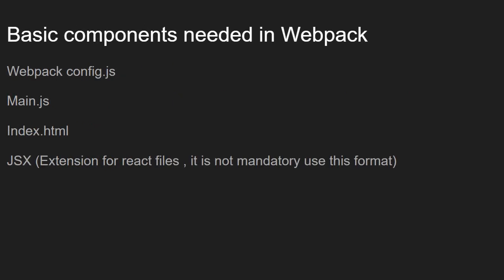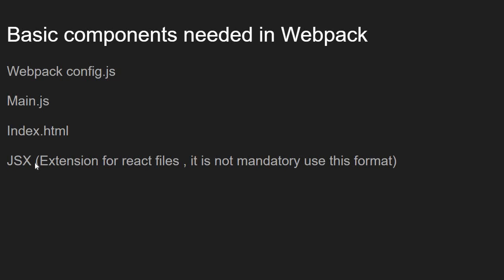When you are creating a Webpack React application, the main thing that should be present is webpack.config.js. It's like a main class in Java. This tells what JavaScript files it should enter as the first point of contact, and what HTML files need to be loaded, and what is to be loaded. This would be a JSX file.